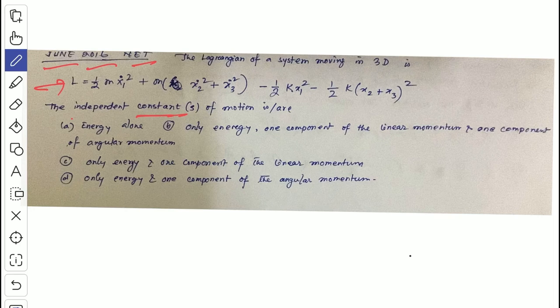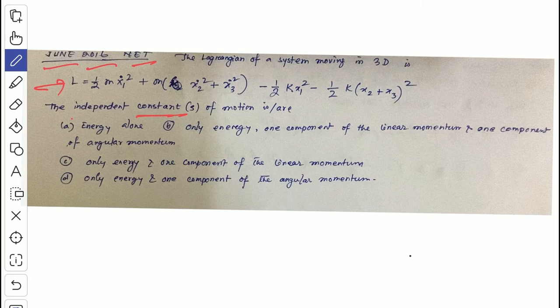In this case, independent constant means which one will be conserved. First we need to find what will be conserved here, so that will be the independent constant in this case.